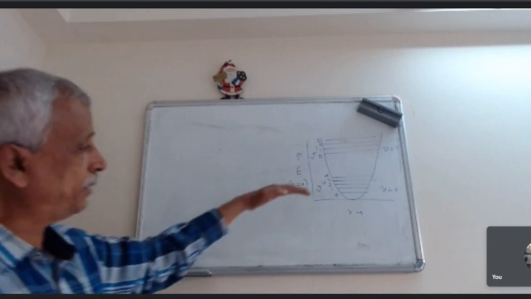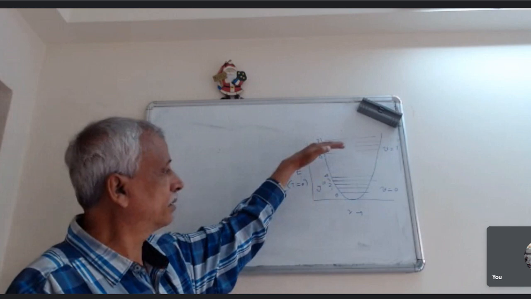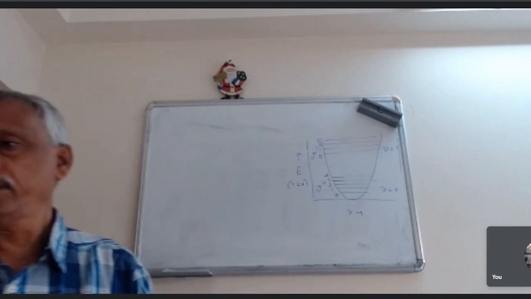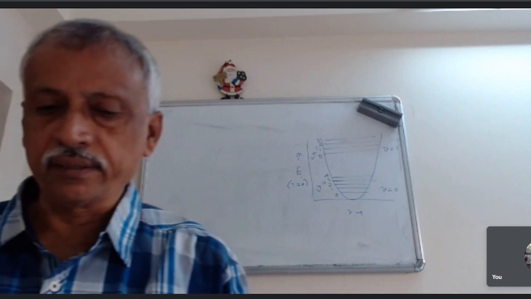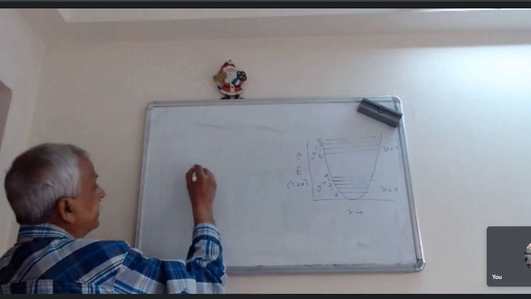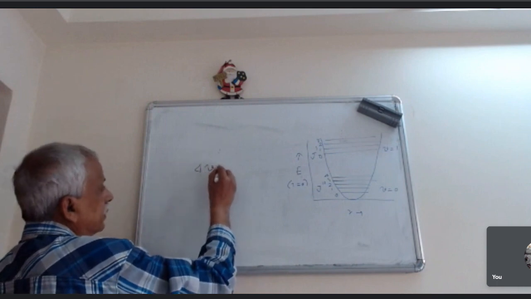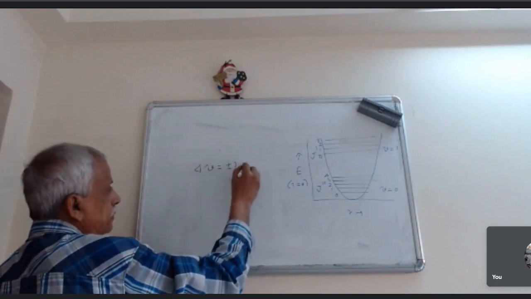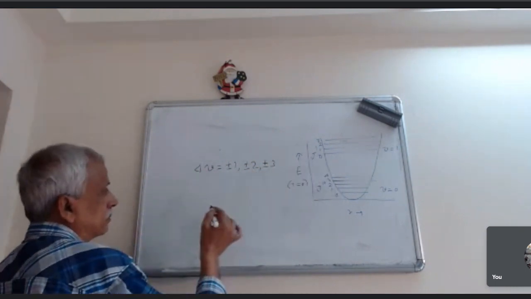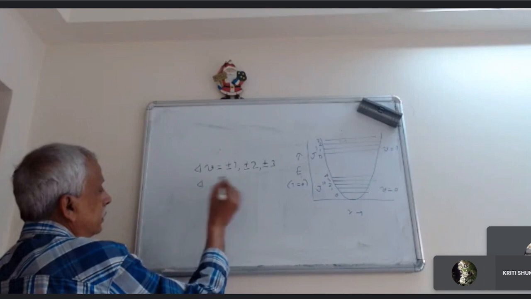But when we have a vibrational transition from here to here, it implies there are several possibilities of the corresponding rotational transitions. That means, if I consider this, delta B may be plus minus 1, plus minus 2, and plus minus 3, that's what we saw. Others have very negligible intensity.